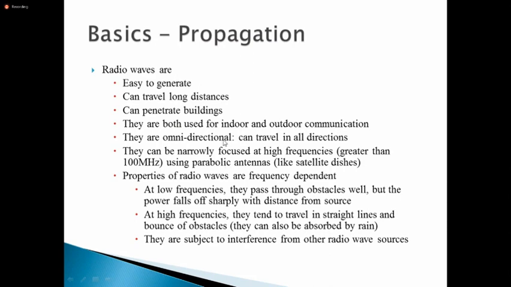Omnidirectional means the radio waves are capable of traveling in all the directions. And this is important, they can be narrowly focused at higher frequencies, like for example in parabolic antennas. Now the radio waves are focused properly at higher frequencies, right? And this is how the propagation properties of radio waves depend on the frequency.